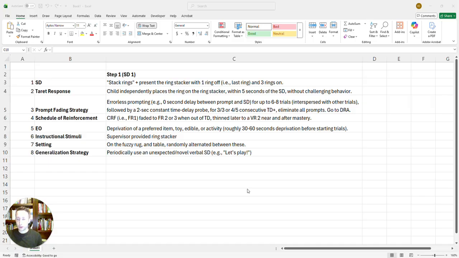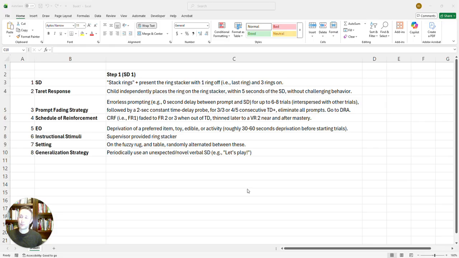And we're doing this because the child has demonstrated, for example, in a baseline assessment, that they don't reliably and consistently perform this skill. That's why we're teaching it. So how are we going to turn the combination of "stack rings" and the ring stacker with 1 ring off into an SD?